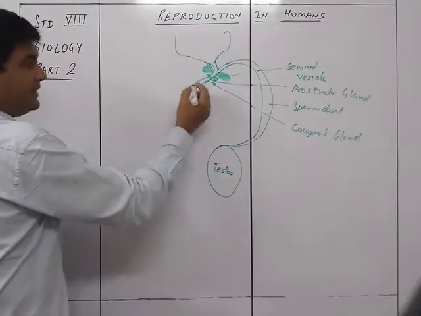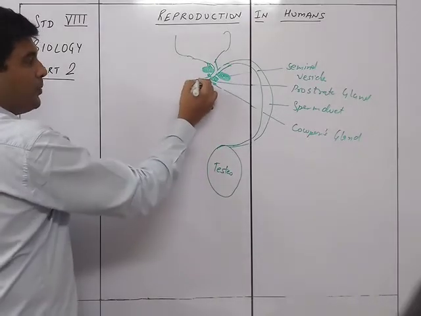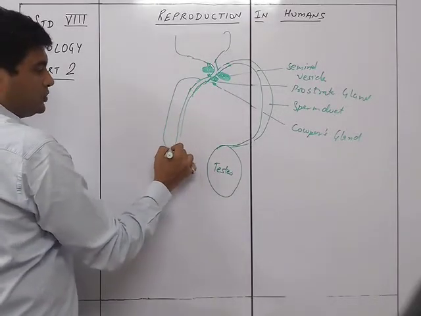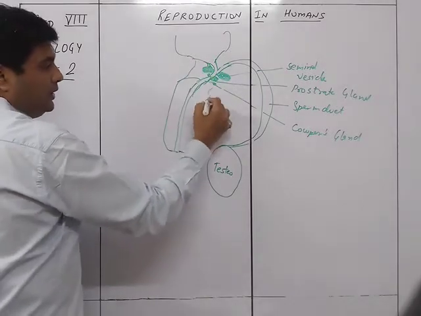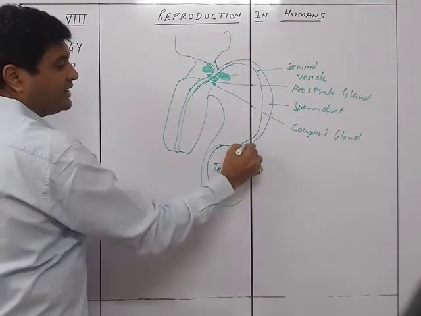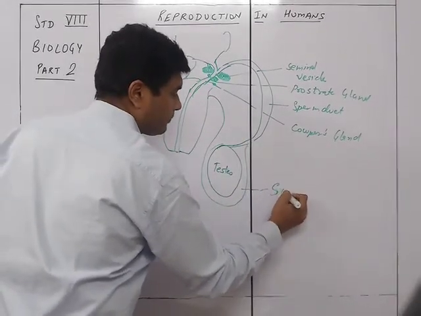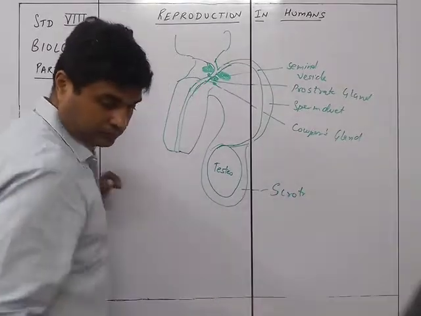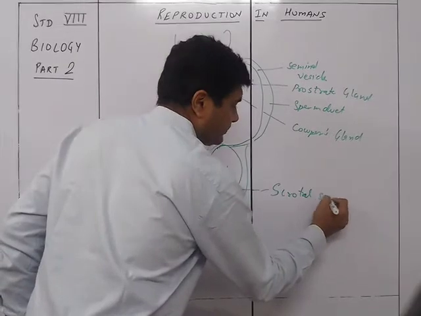This then goes into a muscular body called the penis. The testes are held in a sac-like structure called the scrotum, the scrotal sac.